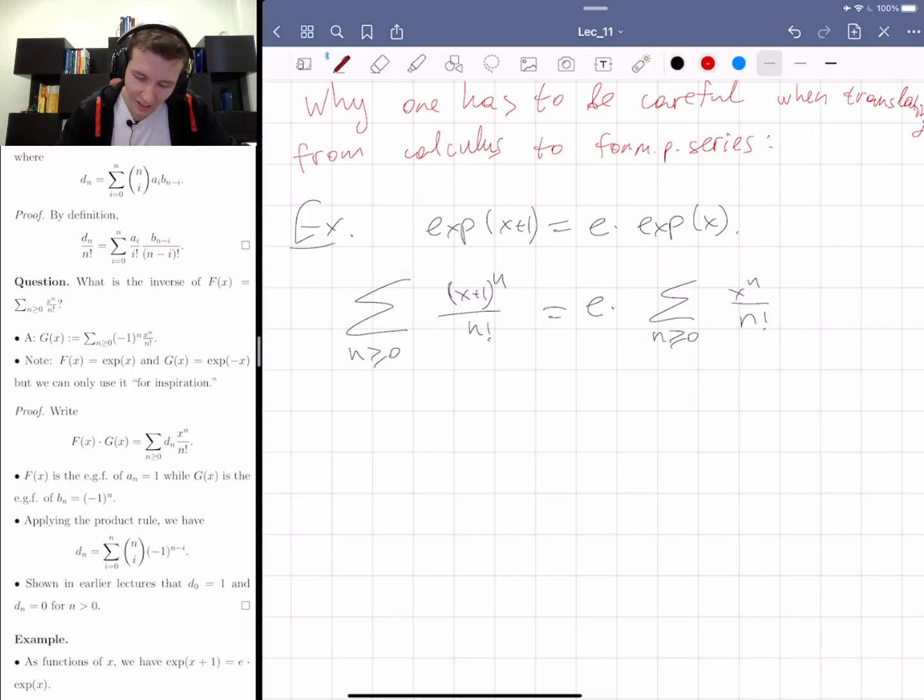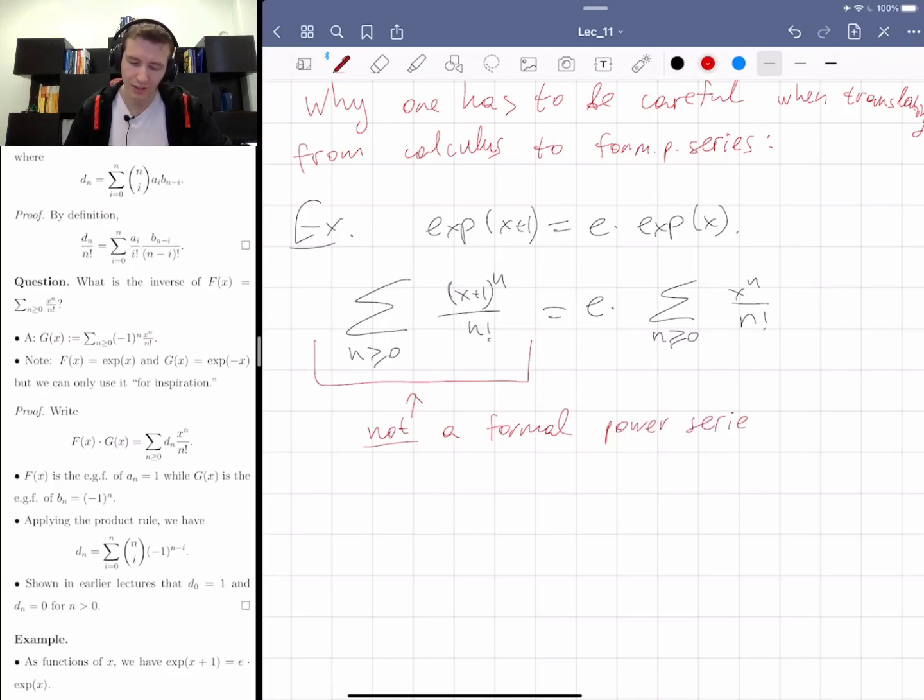So this thing on the left is not a formal power series. To give me a formal power series, you have to give me a coefficient of each x^i for all i. And to compute the coefficient, I have to expand infinitely many sums like this.